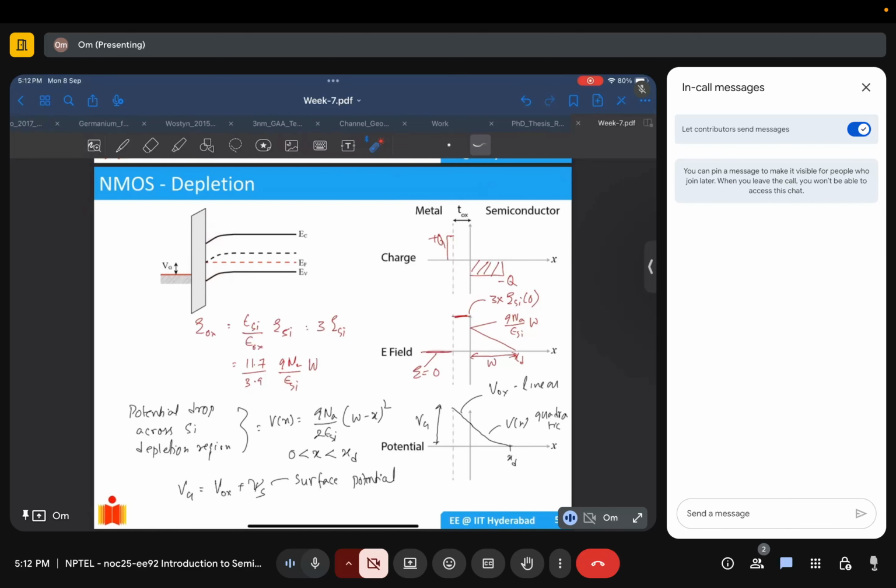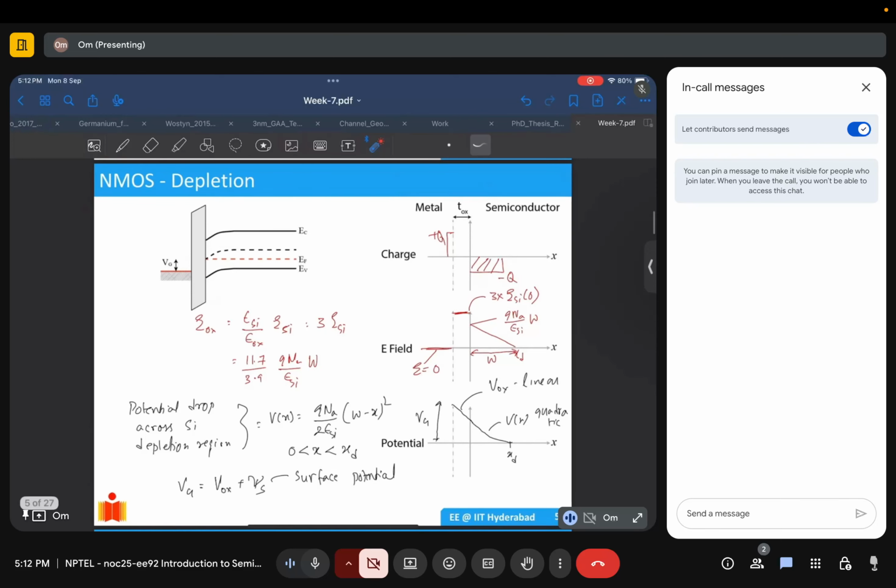The holes that were there have depleted, and there are immobile ions now near the surface in the depletion region. This is the charge diagram. You have a positive charge at the gate and a negative charge in the depletion region in the semiconductor. This is how the electric field looks, and this is the potential plot.